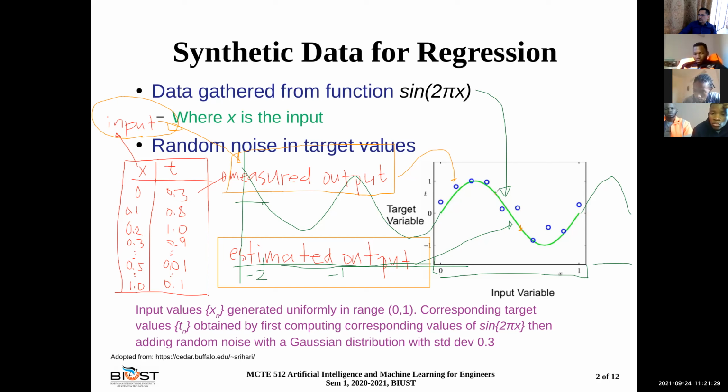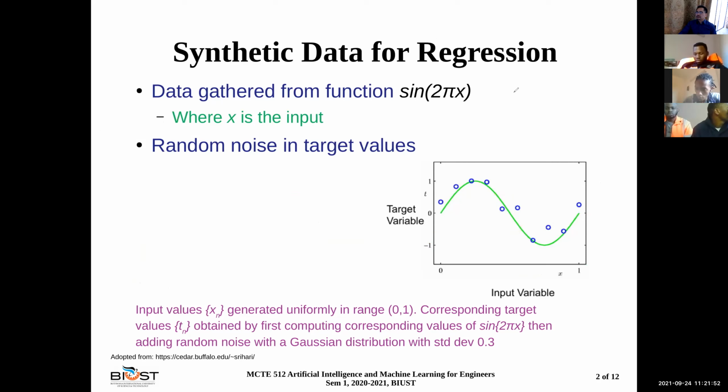This point is not present in the data, and that point is not present, and also these points. So the function estimation that we use will give us the probable value at these points beyond those that we measured. That's the essence of having linear regression. Okay, let's go to the next slide.